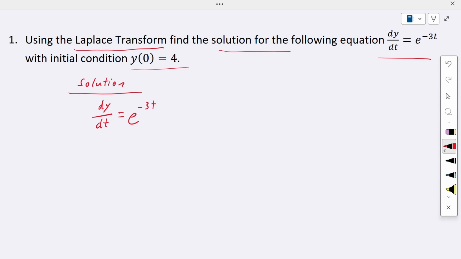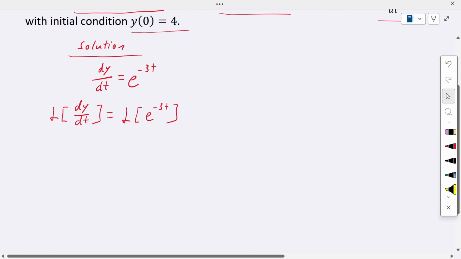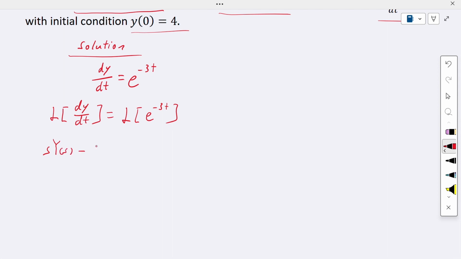Using the Laplace transform method, we're going to apply the Laplace operator on both sides. For the first derivative, we get two terms: s capital Y(s) minus the initial condition y(0).